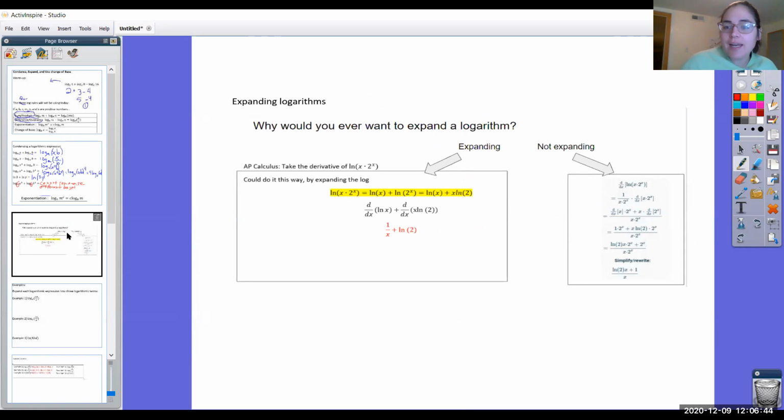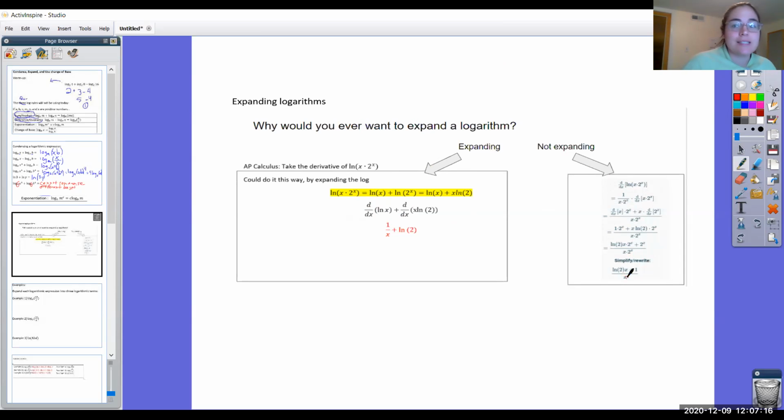The reason is that in AP Calculus, if you take AP Calculus next year, you're going to be doing things called taking a derivative. And sometimes it'll be more convenient to do that work and other tasks, frankly, if you have simpler logarithmic expressions that are split up rather than a product or a quotient inside the logarithm argument.